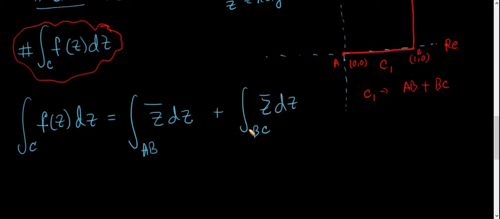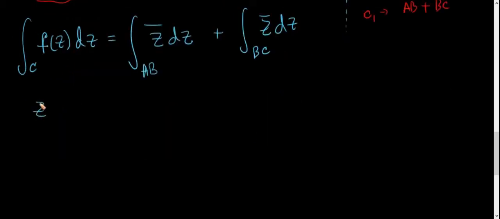Okay, so z bar was x minus iy and z was x plus iy, right?